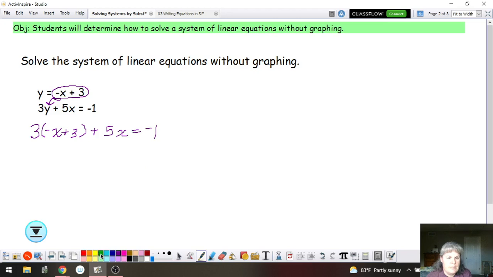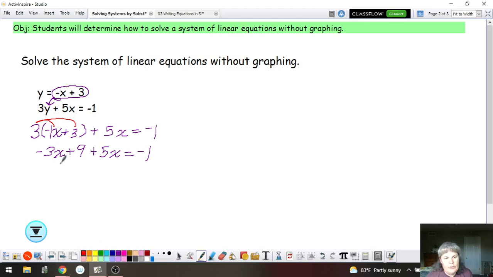The next thing we need to do is distribute. We need to take negative 3 times negative x, 3 times 3. 3 times negative x, that's like saying 3 times negative 1x, is negative 3x. 3 times 3 is 9, plus 5x equals negative 1.